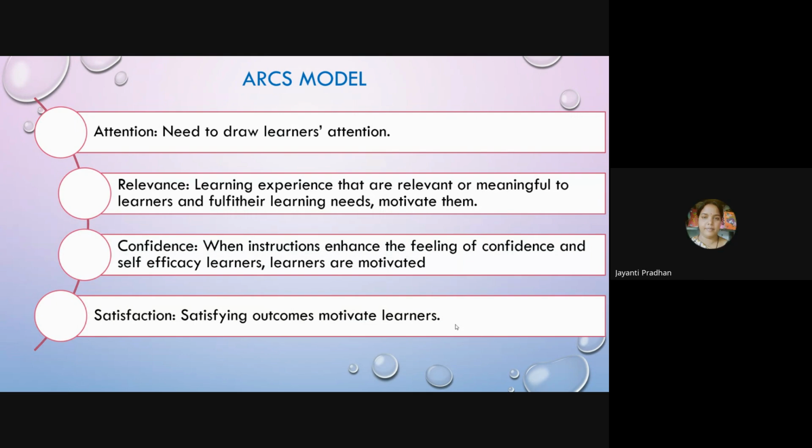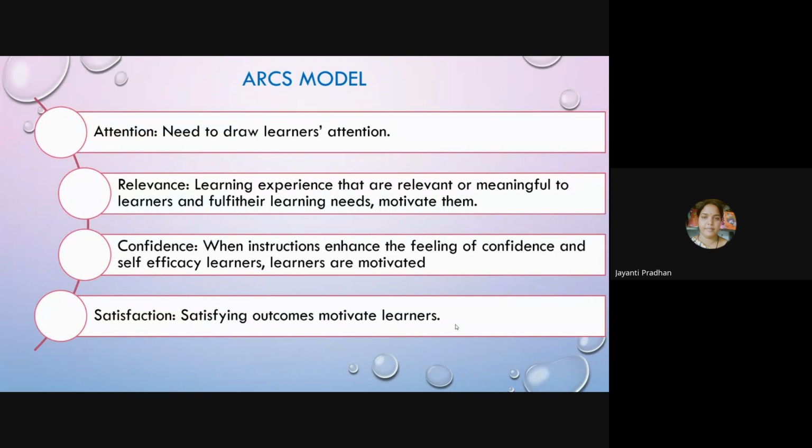Attention. In this model, what is given first? First is attention. We need to draw the learner's attention. It also in a way means needs analysis, because it is the analysis of the students' or learners' interest, isn't it? If we are aware of the learners' interest, then only we can hold their attention.